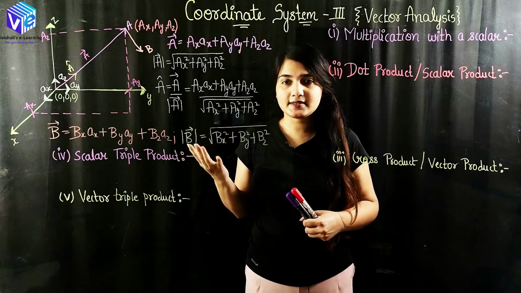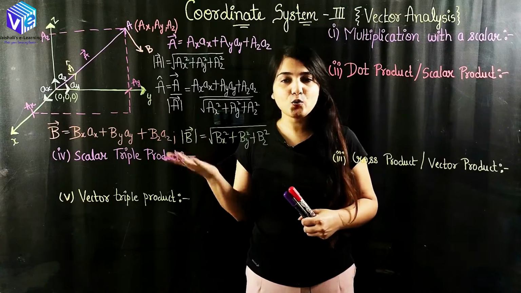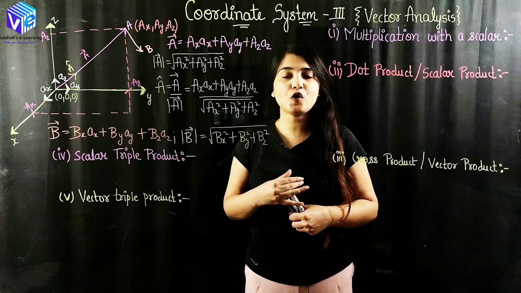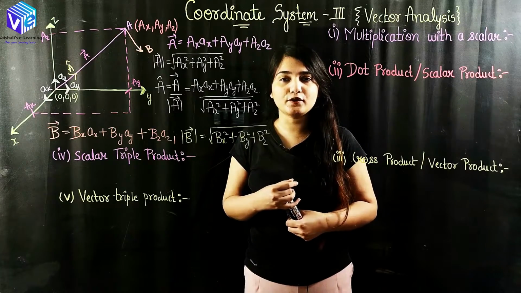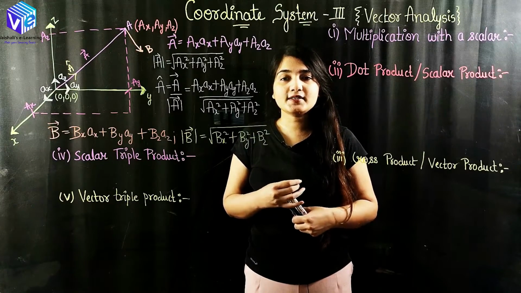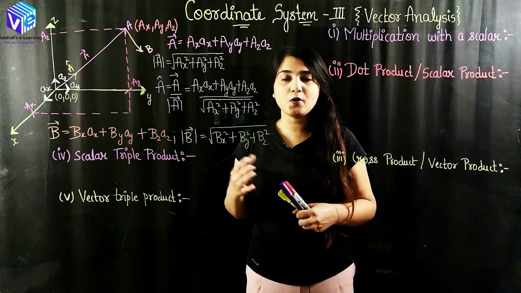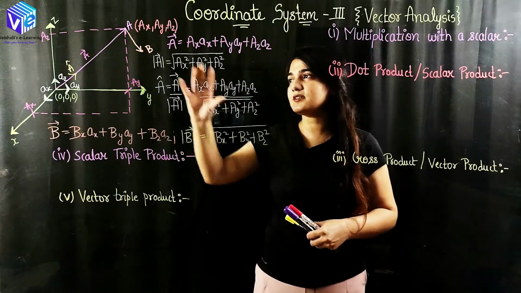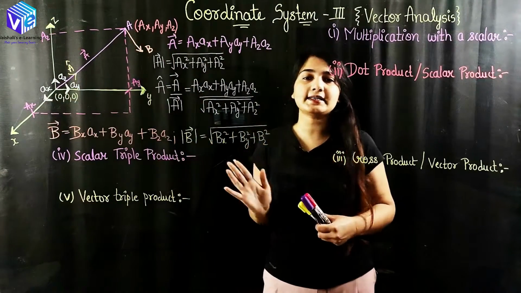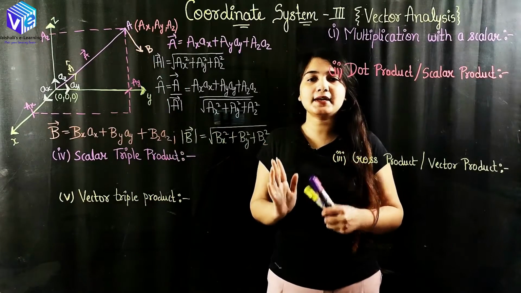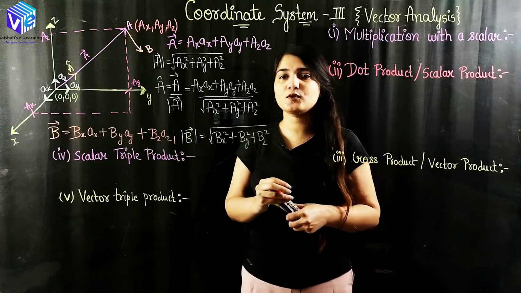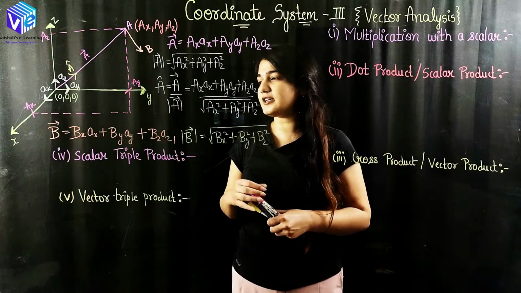In the coordinate system video 1 and part 2, we have already seen the two types of coordinate system. First is orthogonal, second is non-orthogonal. In the orthogonal system, we have already talked about the Cartesian coordinate system. This diagram represents the Cartesian coordinate system. Here we have 2 points in space and we are representing these 2 points with the help of the Cartesian coordinate system.